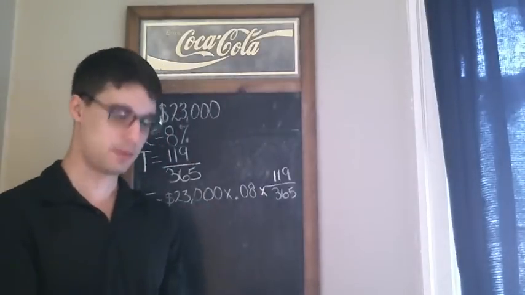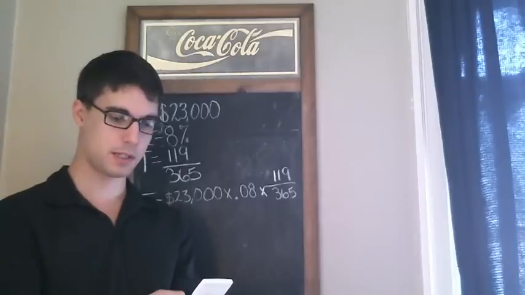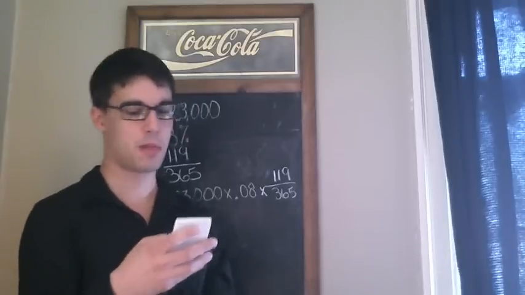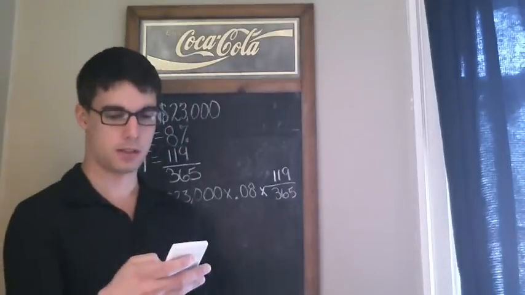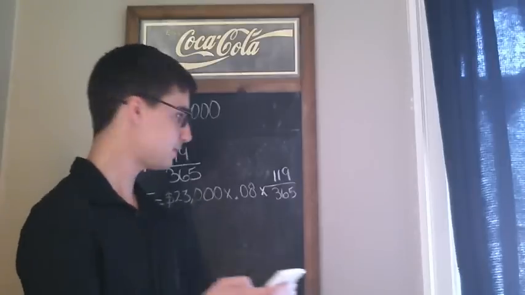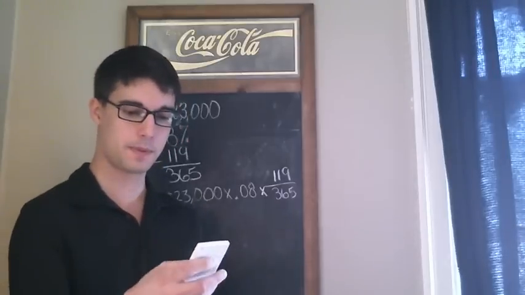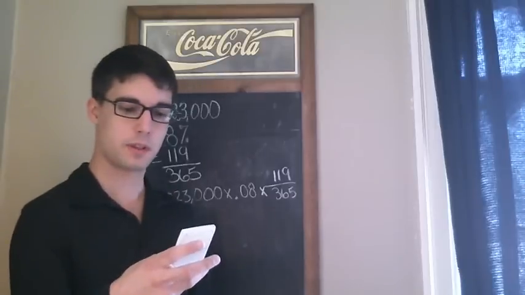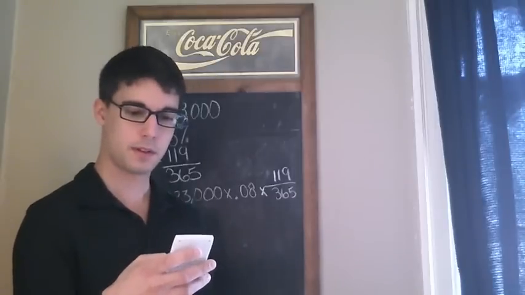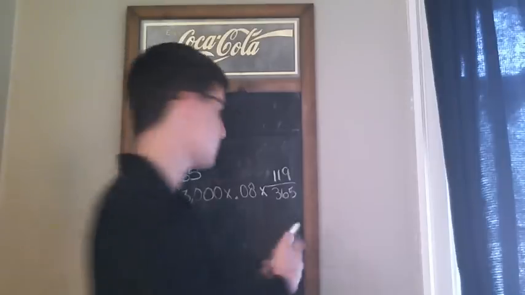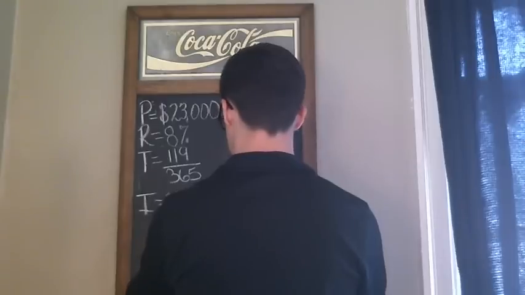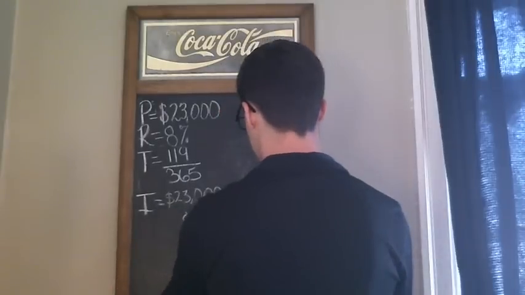So 119 divided by 365, and you get this long decimal 0.3260 and so on. So just keep that in your calculator and then hit the multiply by 0.08 and then times 23,000, and I got $599.89.